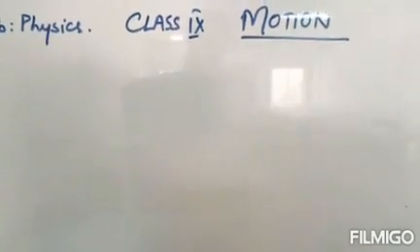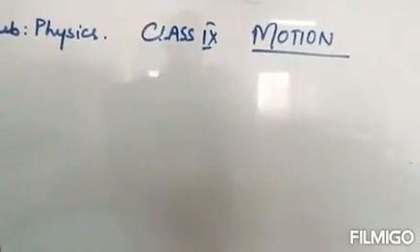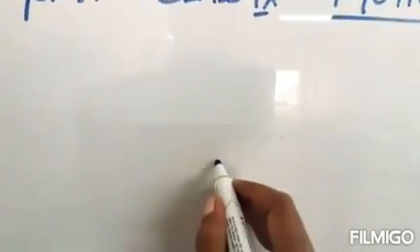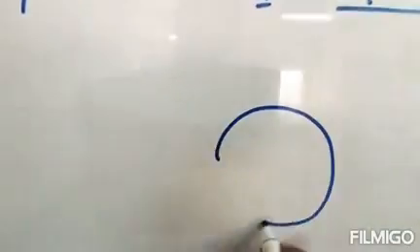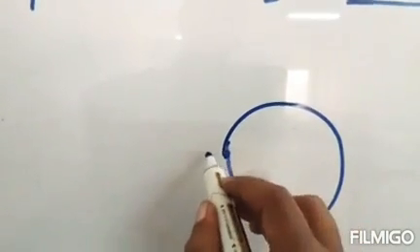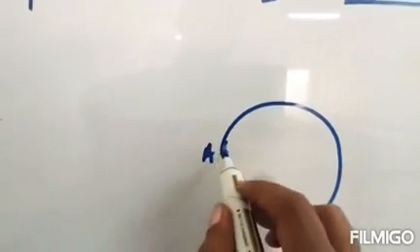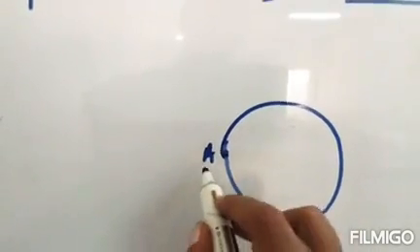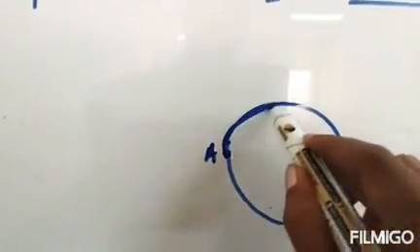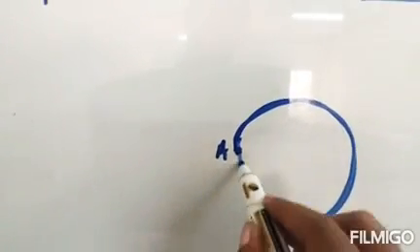Now, let's come back to distance and displacement. Suppose a boy is moving in a circular path. This is the initial position, and suppose this is the final position also.